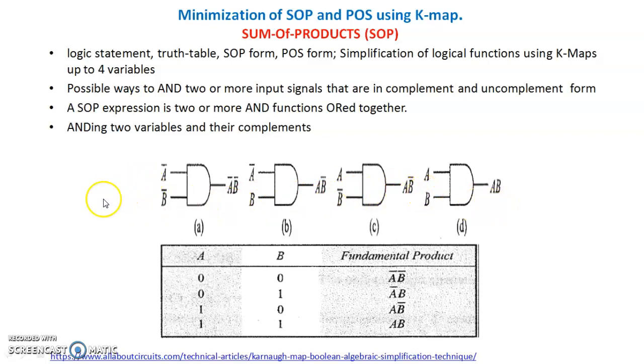So that particular expression is linear, or any example you can take: Y is equal to ABC plus AB bar C plus ABC. That is nothing but the sum of product terms. So these product terms are added in sum of product expressions.